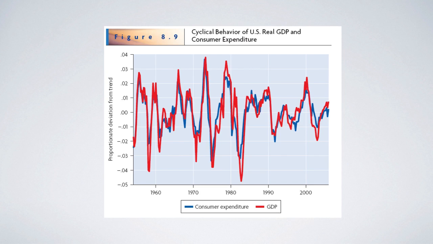On this graph, the red line is the cyclical component of GDP, and the blue line is the cyclical component of consumption expenditure. You can see that consumption is moving in the same direction as GDP, so we say that consumption is procyclical. This is one fact that we find from data. Later, we will show that our theory can describe it very well.